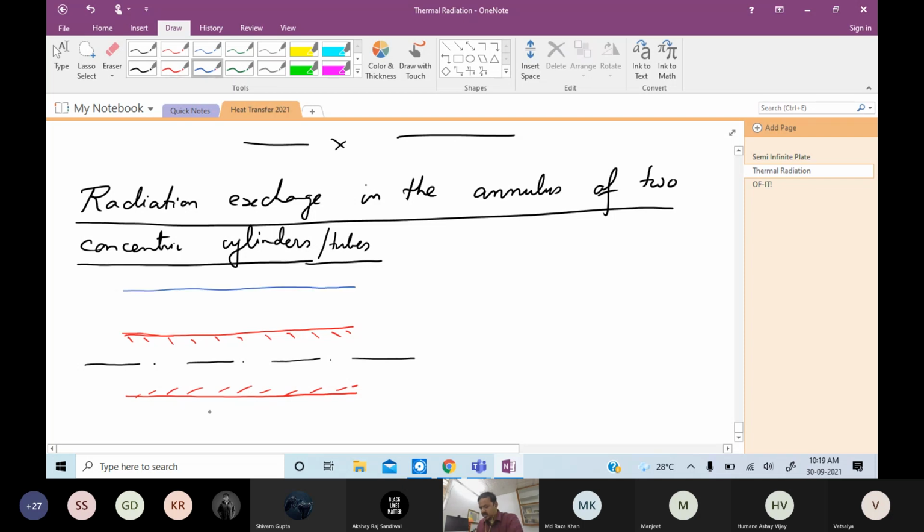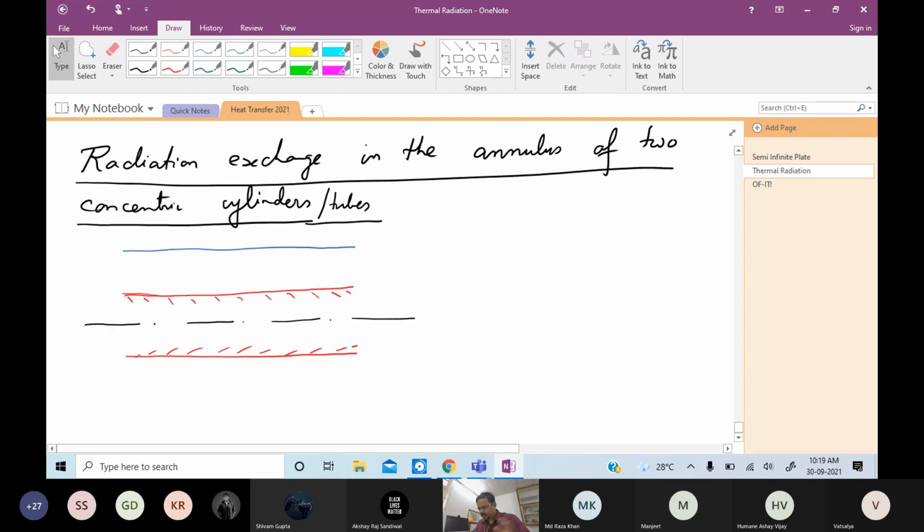And here is one more. This is the outer tube. The inner tube. Outer tube. Inner tube at a temperature as before, T1, epsilon 1.